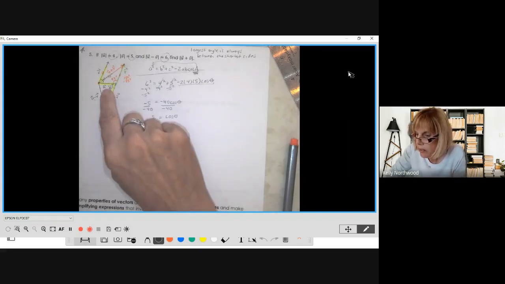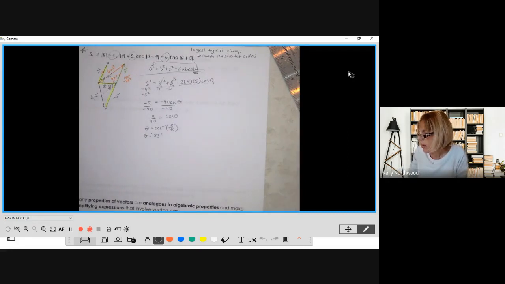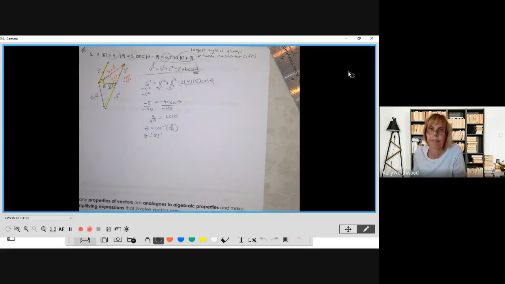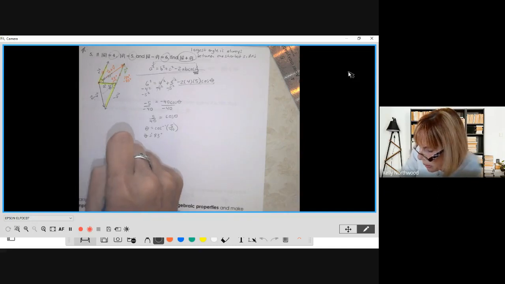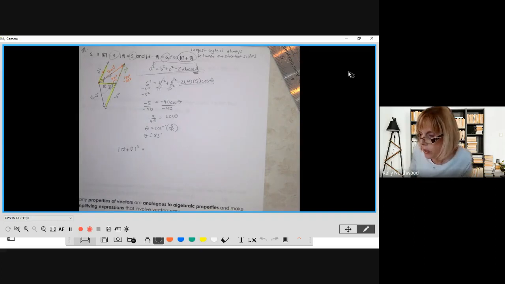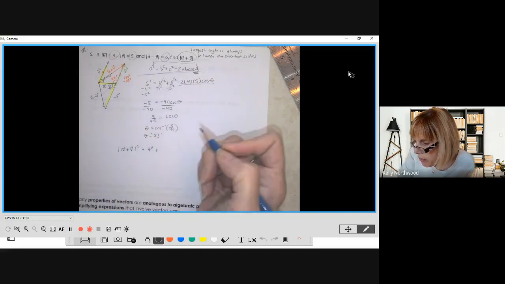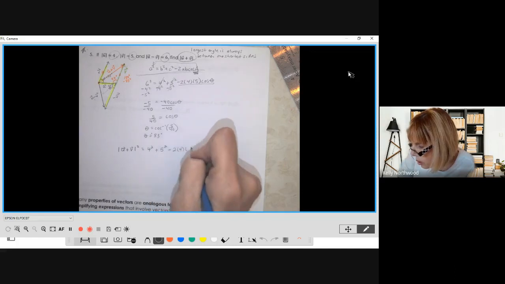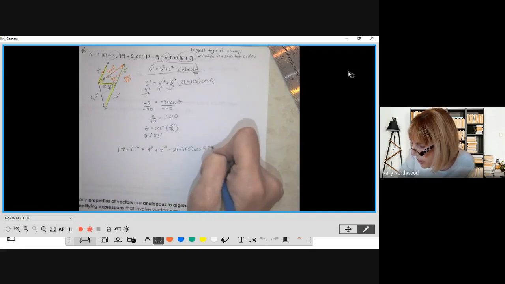So again, I know the magnitude of vector u is 4 and the magnitude of vector v is 5. The angle between them is 97. So I can use the cosine law to find the magnitude of vector u plus v. So the magnitude of vector u plus v squared is equal to the magnitude of vector u, which is 4 squared, plus the magnitude of vector v, or 5 squared, minus 2 times 4 times 5 times the cosine of 97 degrees.